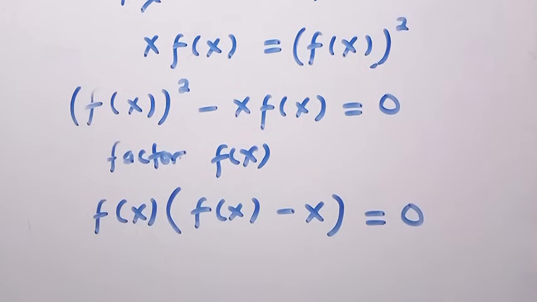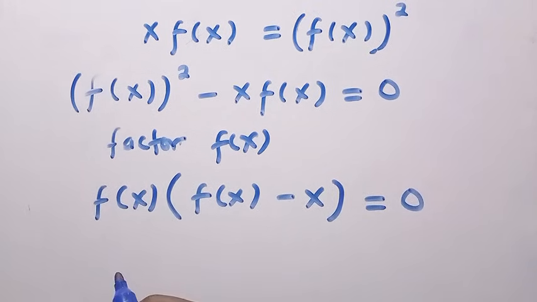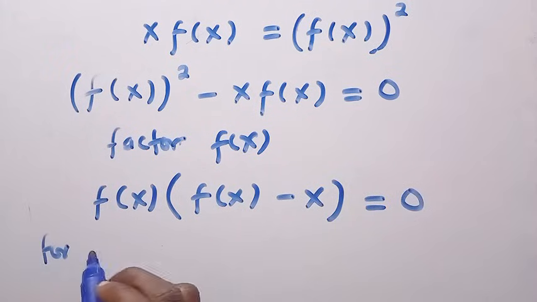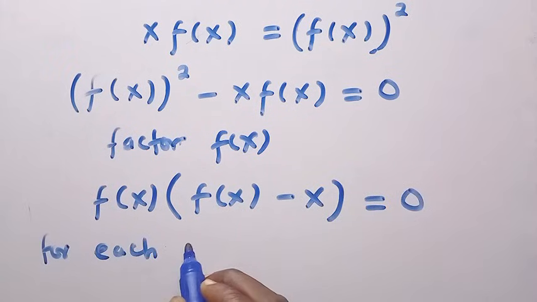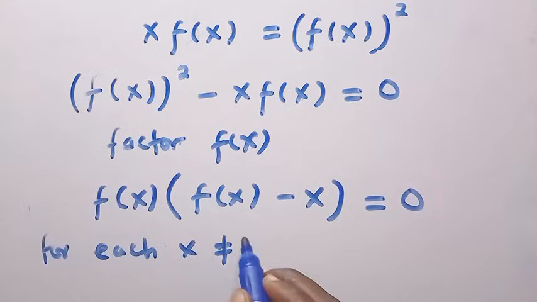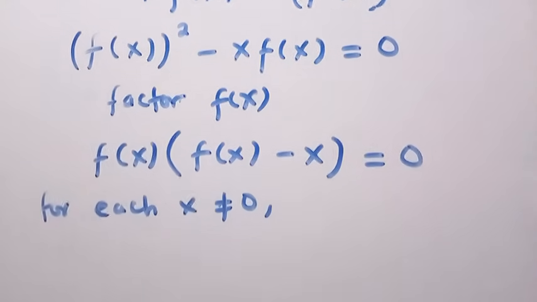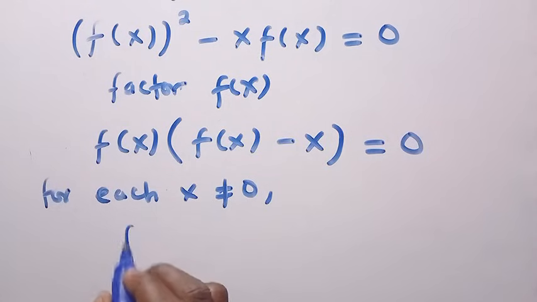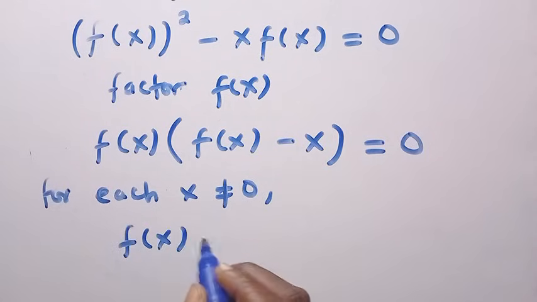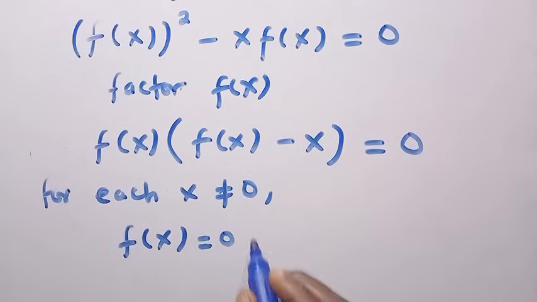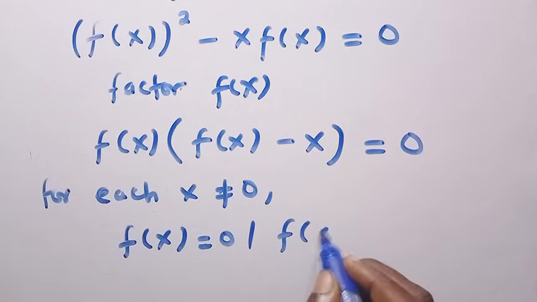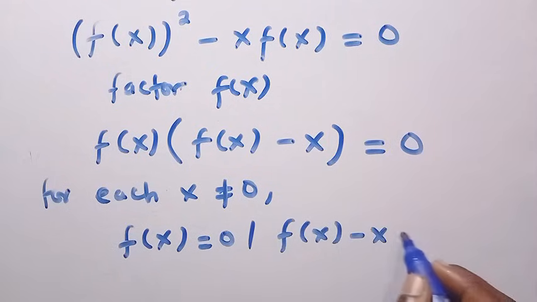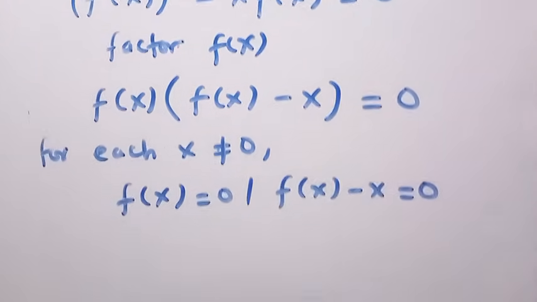So if this is what we have, then for each x not equal to 0, we are going to have either f of x equals 0, or f of x minus x equals 0.